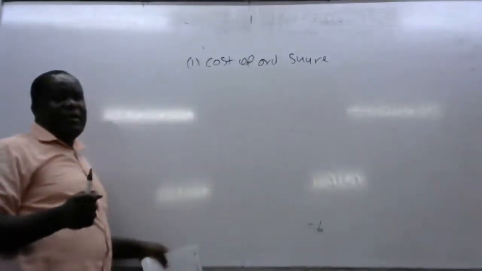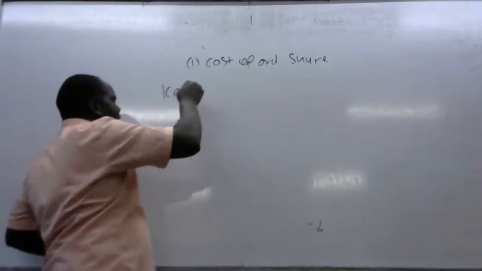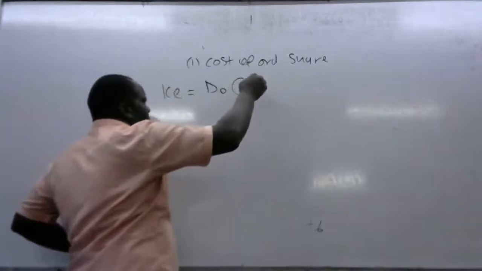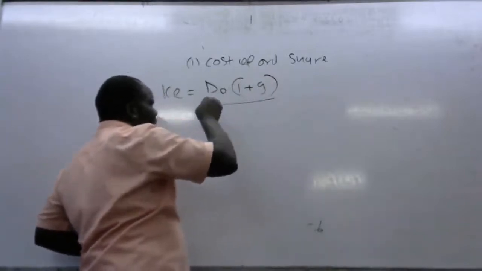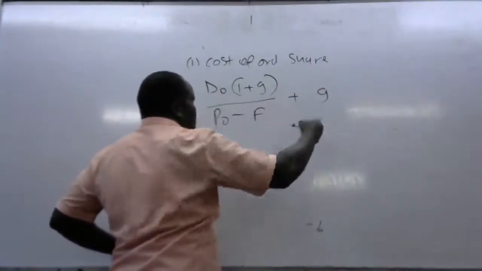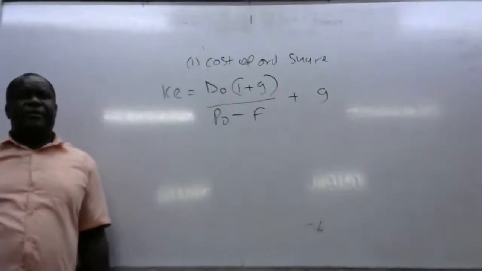Cost of the ordinary share is the same as KE. Remember, it is D0 in brackets of 1 plus G, divided by P0 minus the flotation cost. Then you add G at that point.